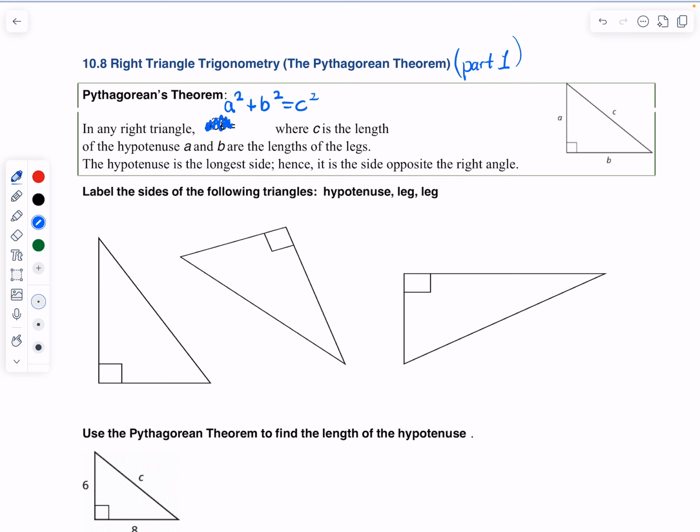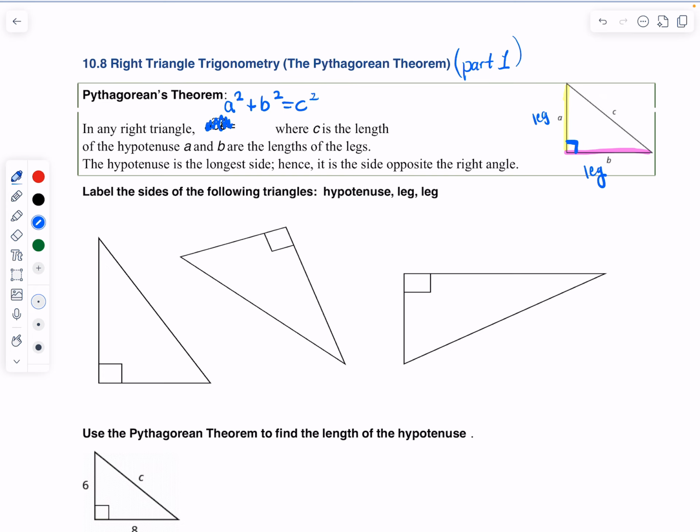So the length of side A, I'm going to make that yellow. The length of side B, I'm going to make that pink. And by the way, A and B are called legs. So this is leg A and leg B. And I know that because the legs compose that right angle.